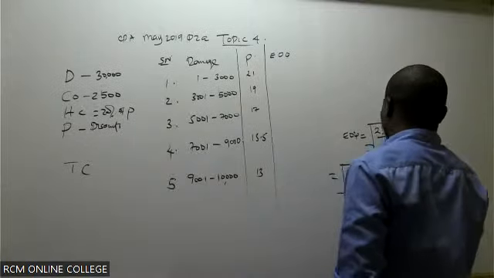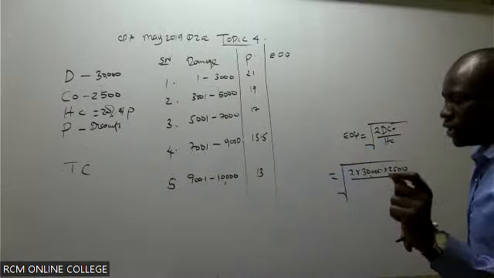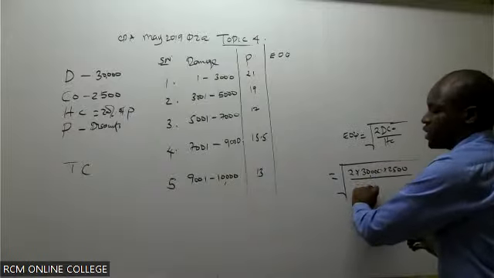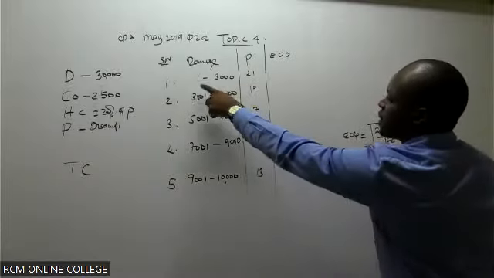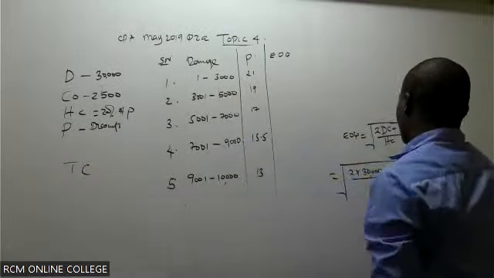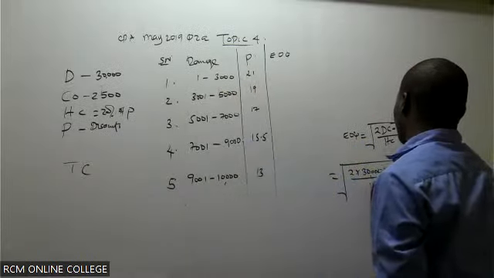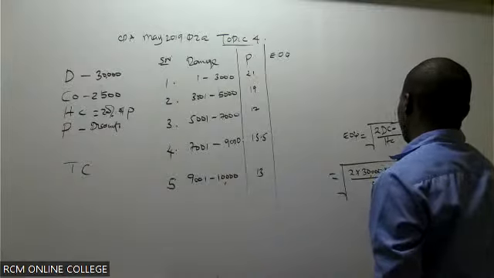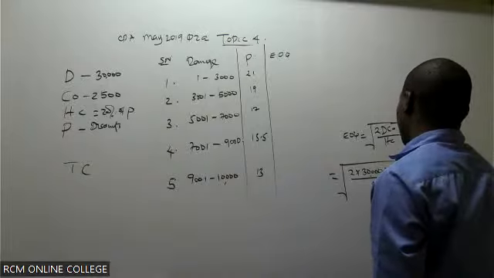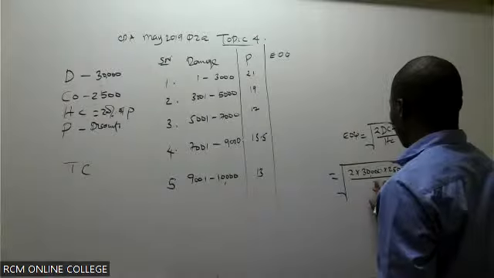So look at this model. Numerator will not change. It is the denominator that is going to change. So I will come here and put my holding cost. The first one, I'm told holding cost is 20%, which is the same as 0.2 multiplied by purchase price, which is 21. Or you just put your 20%.